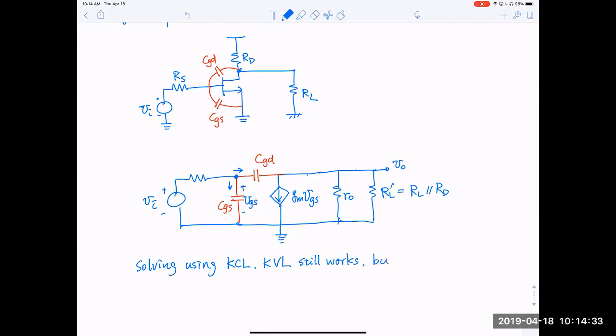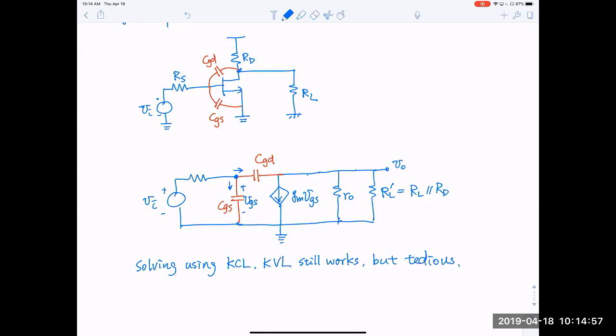But it's tedious, and once it becomes tedious, we lose sight of our intuition. And when we're doing hand analysis, the intuition is very important, to guide you towards designing the circuit that will work for your application.